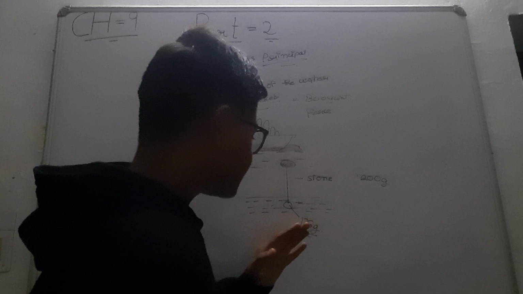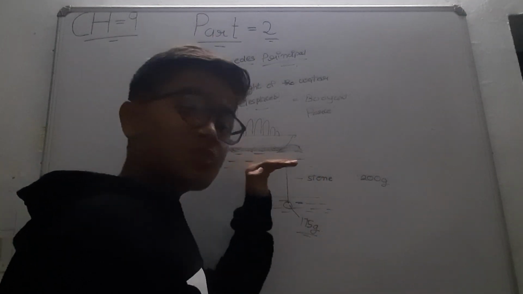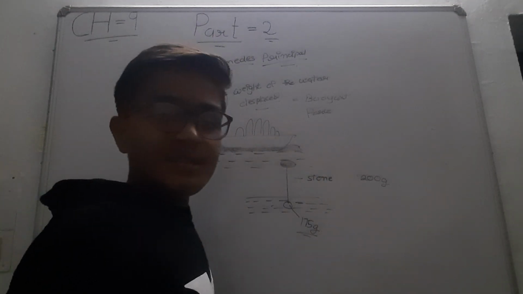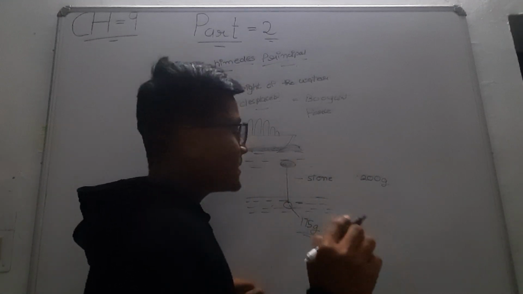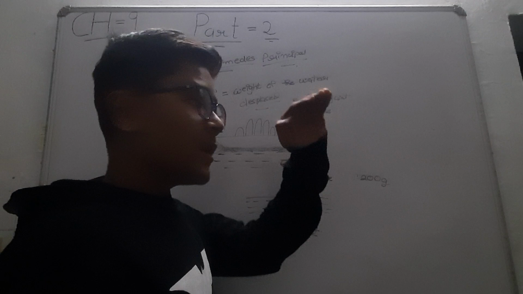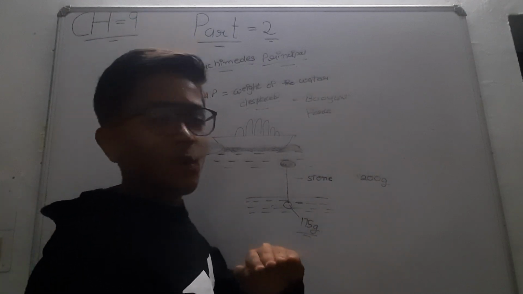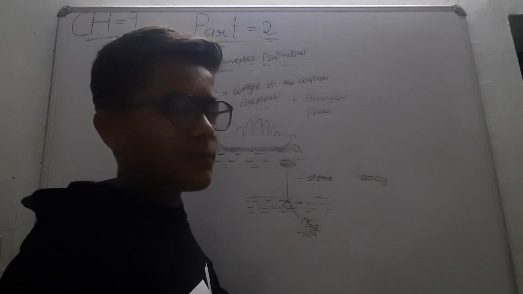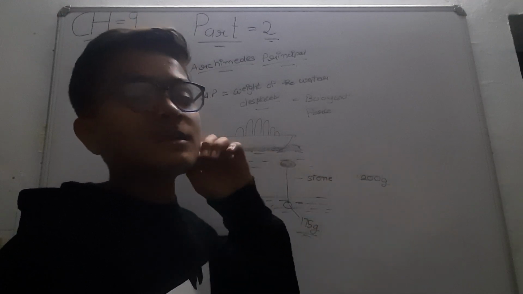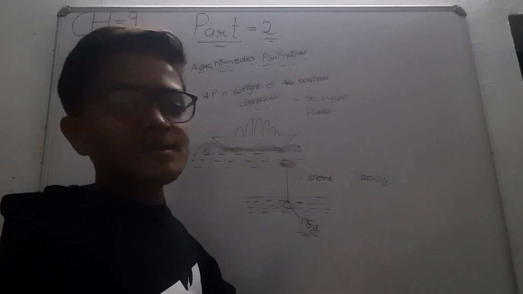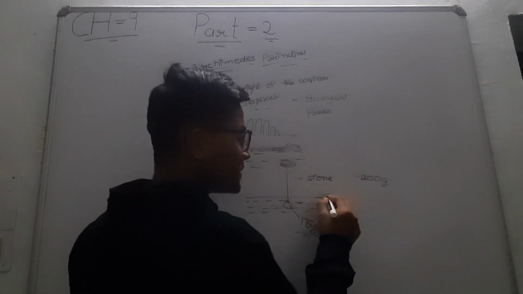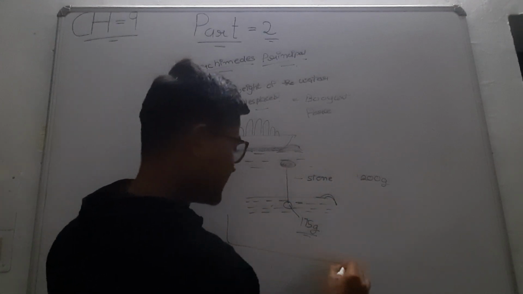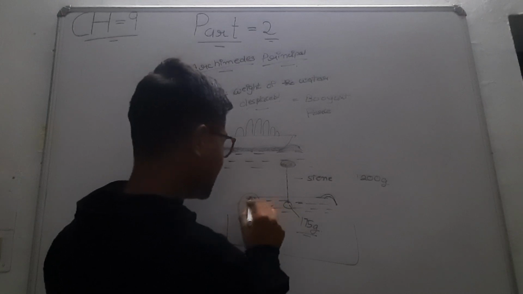When the stone is fully immersed in the water, always when an object falls into or on the surface of the water, it displaces some water. It is the rule of Archimedes principle. Take a jar with water in it.